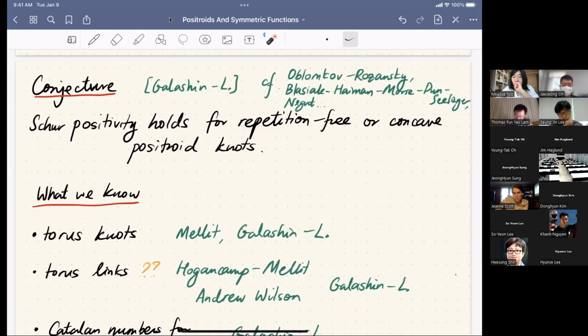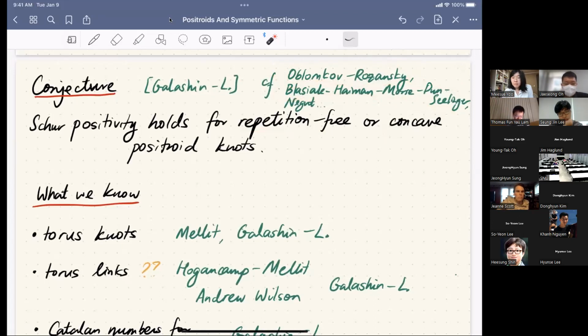It is related to some other work on knots whose knot homology has even cohomology, studied by Oblomov and Rosansky. It's also related to some conjectures of Glacier, Kamen, Morse, Pun, Seelinger, and Negut as well.